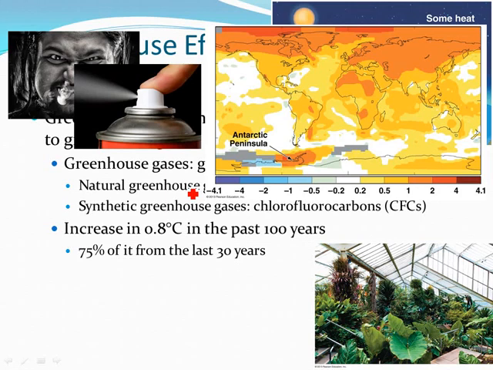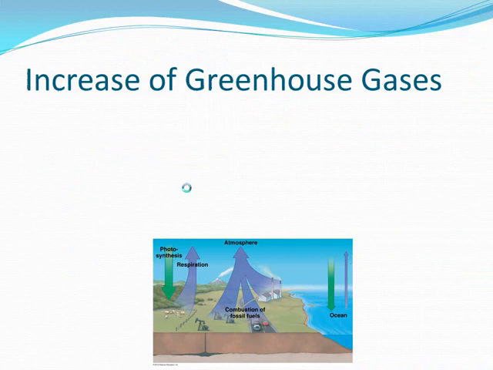So that's a significant increase in such a short amount of time. There is a projected increase of 2 to 4.5 degrees by the year 2100, if we continue at this rate.